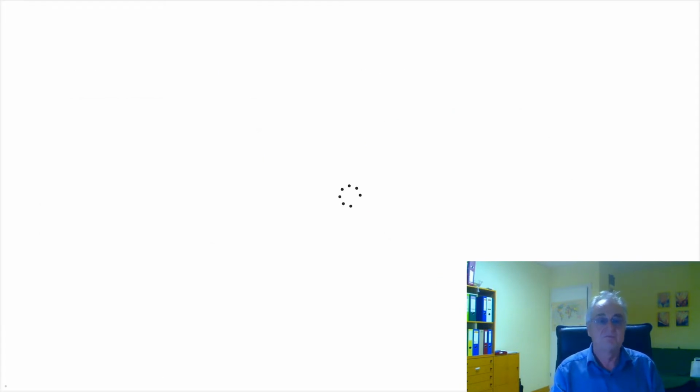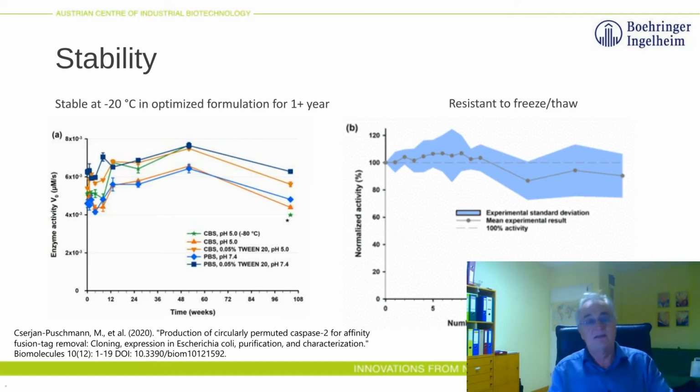The further advantage, and this is also really important, is that such an enzyme is stable at minus 20 degrees for 2 years, so this can be stored. And I think this is more important for laboratory scale rather than industrial scale. You see here on the right-hand side, it is resistant to freeze-thaw.